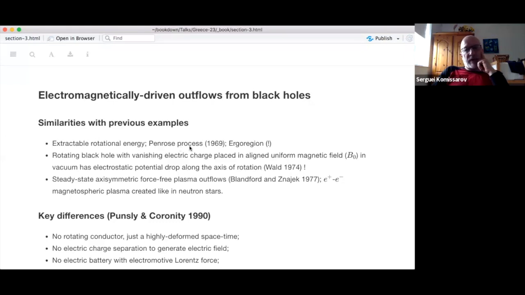And Penrose found the mechanical process a long time ago in 1969, which allows to extract all this rotational energy. And the key region in this process is the ergo region, just between the event horizon and the surface called the ergosphere. So this close region to the black hole plays an extremely important role in the Penrose process.